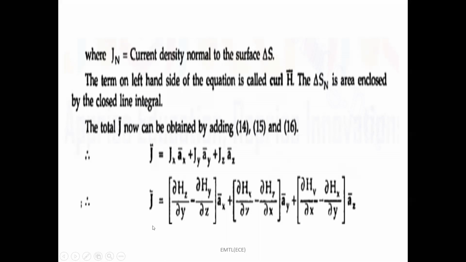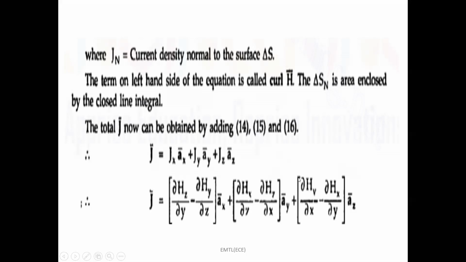So this is the current density expression obtained by taking Ampere's circuit law. So this is called curl H. As we already discussed in the properties of vectors, the expression for the curl of a vector is: dou Hz by dou y minus dou Hy by dou z ax bar, plus dou Hx by dou z minus dou Hz by dou x ay bar, plus dou Hy by dou x minus dou Hx by dou y az bar.